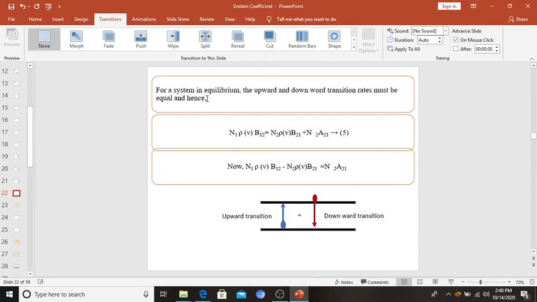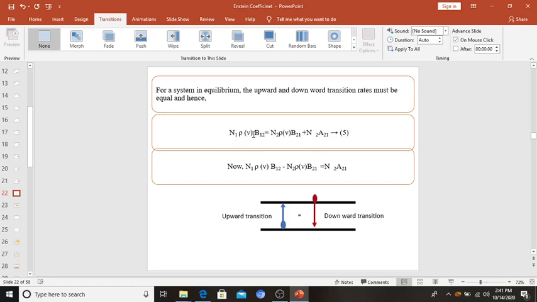Now for the system in equilibrium condition, the upward and downward transition rates must be equal, and hence N1 rho of nu B12 equals N2 rho of nu B21 plus N2 A21. So what is the upward transition?